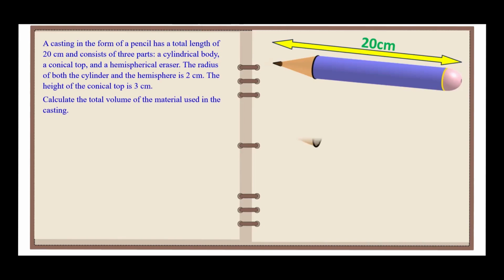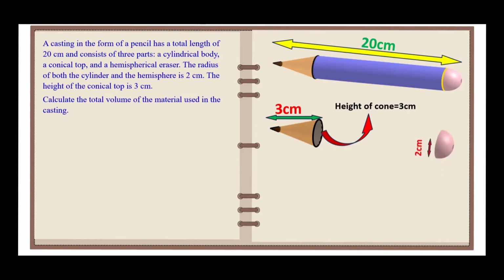So we proceed to break this object into the different solid shapes that are combined together to form it. So we have the conical top with a height of 3 centimeters. Now we have the hemispherical bottom, which is acting as the eraser, and that comes with a radius of 2 centimeters.